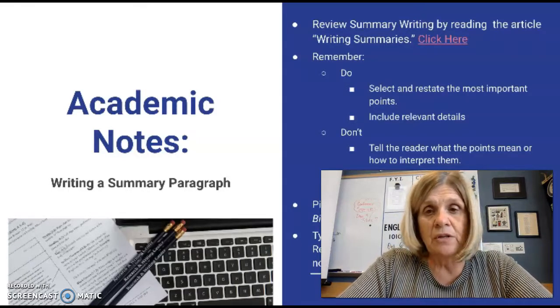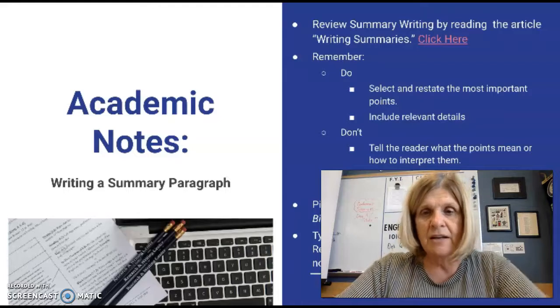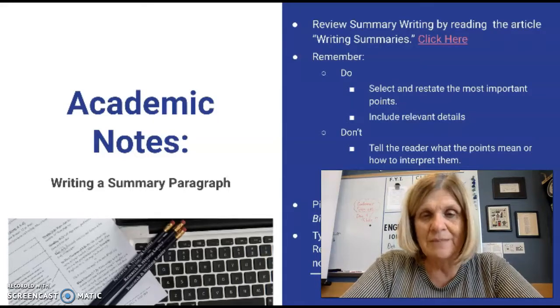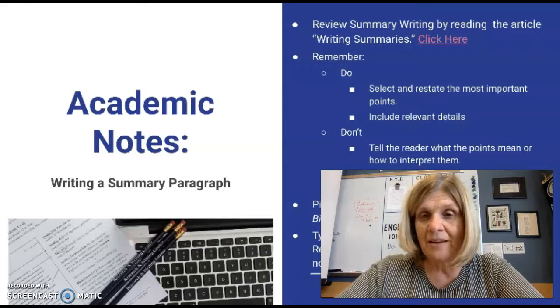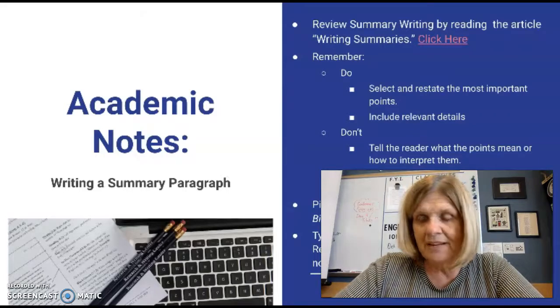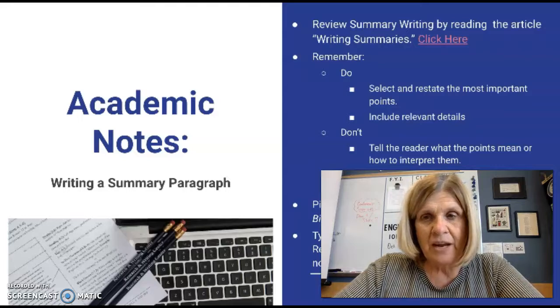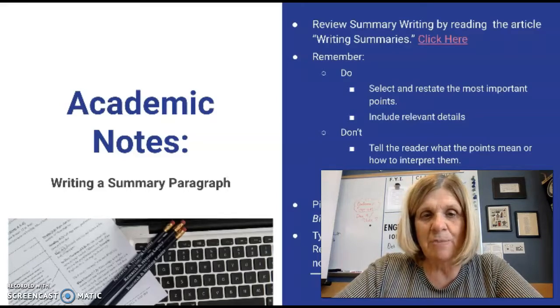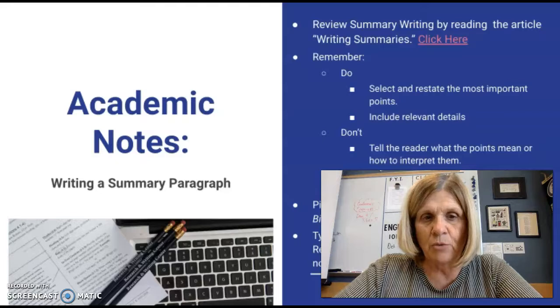And so if you click on the link on this slide to her ebook, it will take you to the table of contents. In the table of contents, pick a subtopic that interests you that deals with writing. I'd like you to read that chapter, and then you're going to write and type and print a summary paragraph about the chapter that you read.